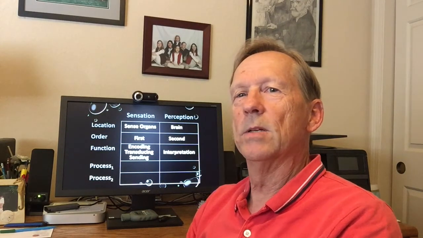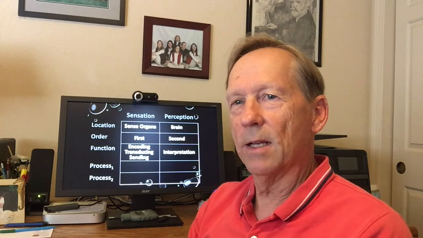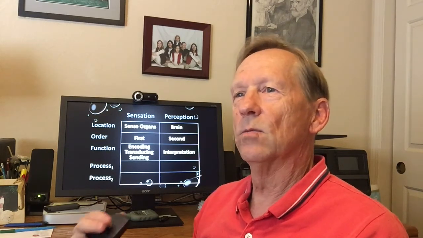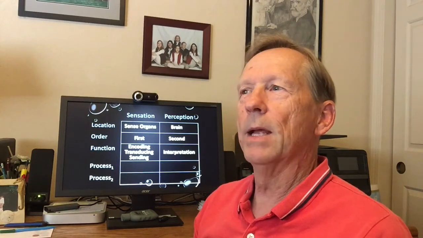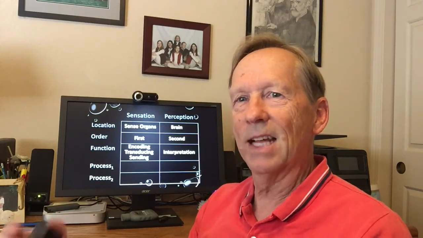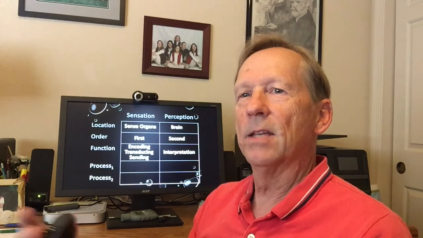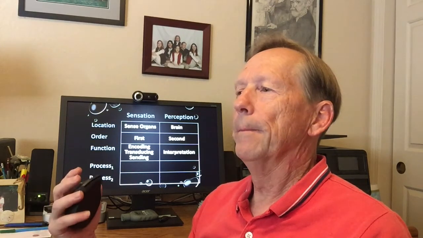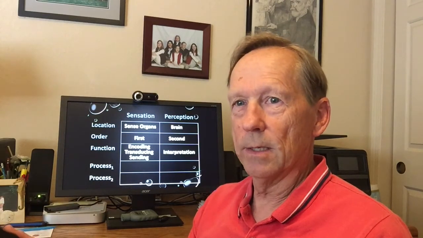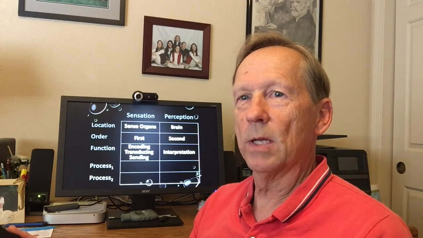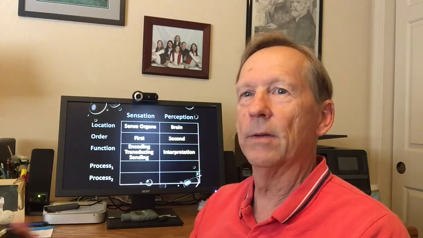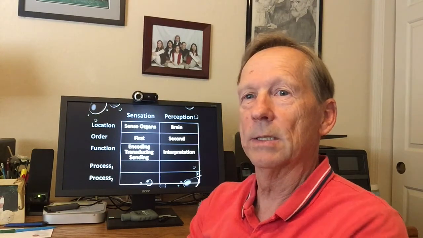In a sense, that's what your brain does, is it interprets the zeros and ones, this raw data that's coming in, and converts them back into lights and sounds and touches and tastes and smells. So we'll call that interpretation. The brain is involved in the process of making sense of these electrochemical signals that are coming in from the sensory organs.